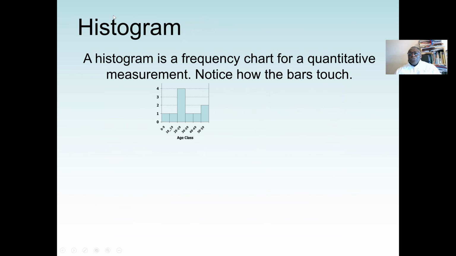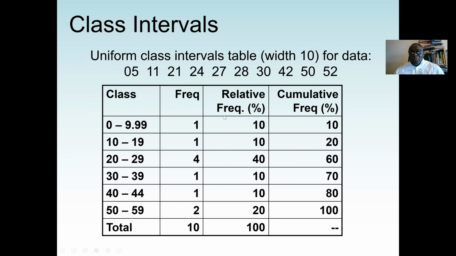Next we talk about a few charts. The first is the histogram. A histogram looks like a bar chart, and normally the horizontal axis will be our classes. We can turn the frequency table into a histogram very easily, because a histogram has only the classes and the frequency. The classes will be the x-axis, and the frequency will be the vertical or y-axis.